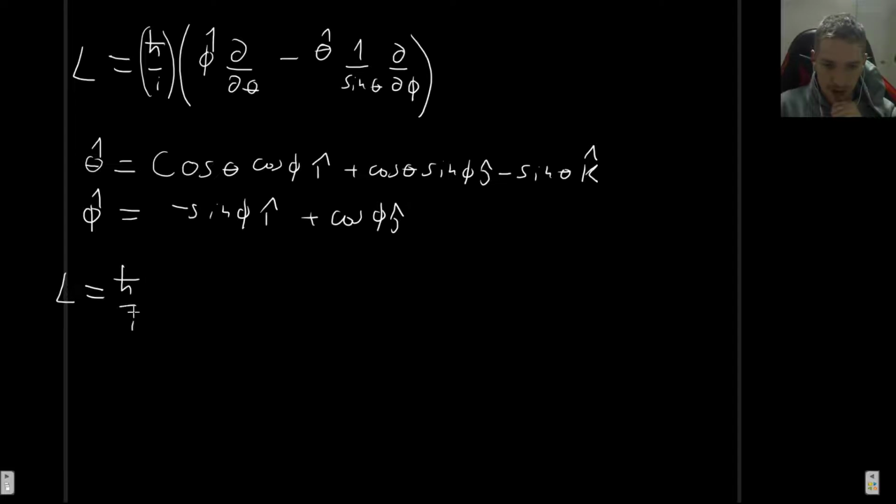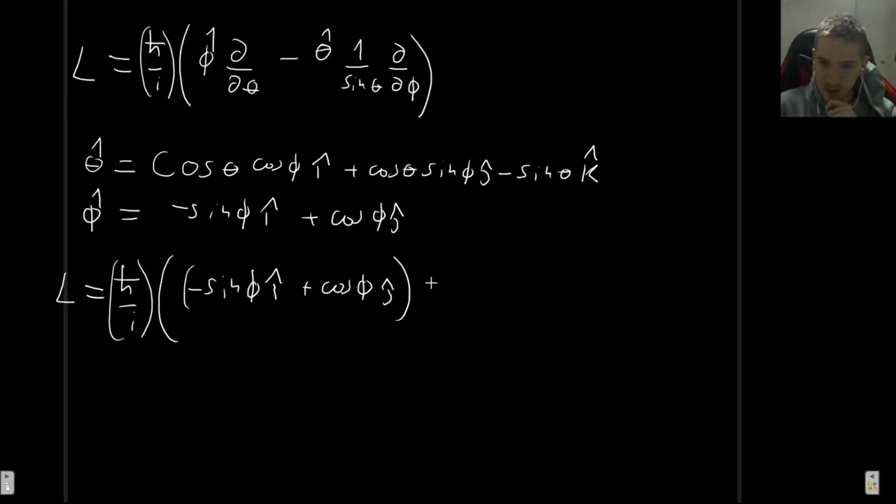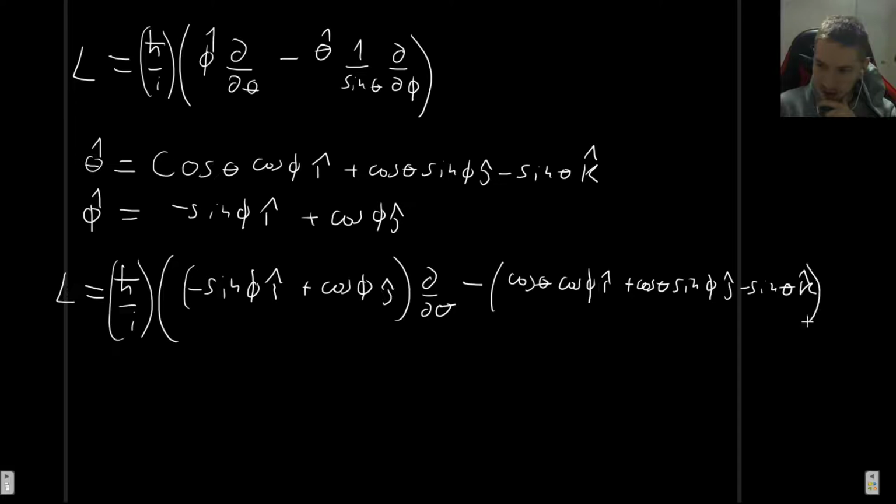So we get h bar over i. And in this first part, it's going to be minus sine phi in the i hat direction plus cosine phi j hat direction, d theta, minus cosine theta cosine phi i hat plus cosine theta sine phi j hat minus sine theta k hat.